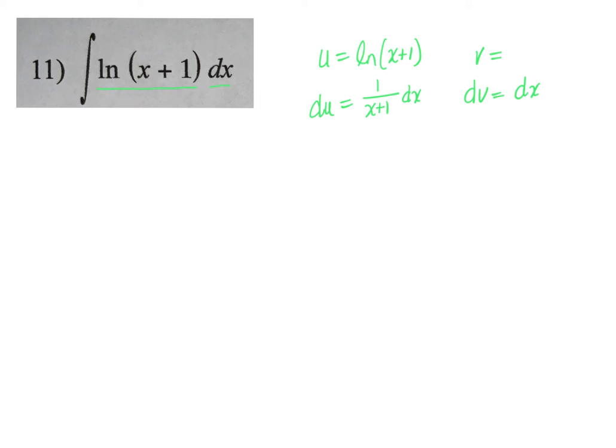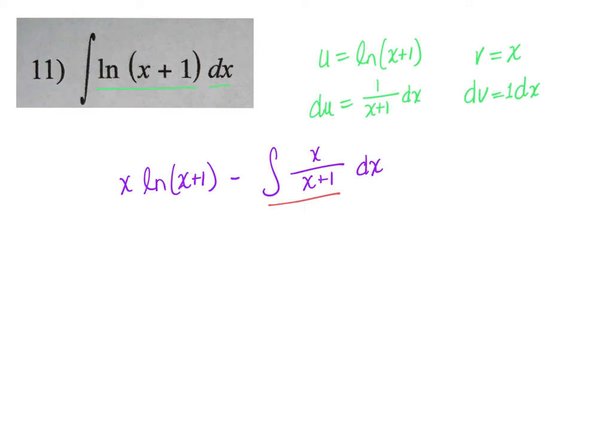And my v, remember the antiderivative of this is just a 1 in front of it, so my v is just x. So then when I plug that in, my u times v is just x ln of x plus 1 minus the integration of my v du. So x times 1 over x plus 1 gives me this dx.